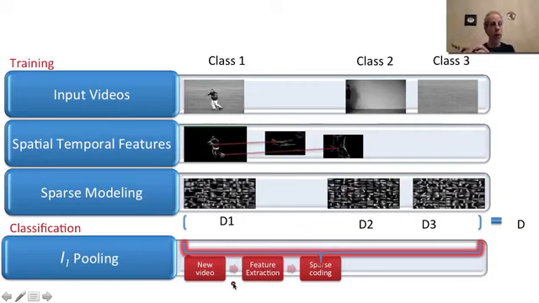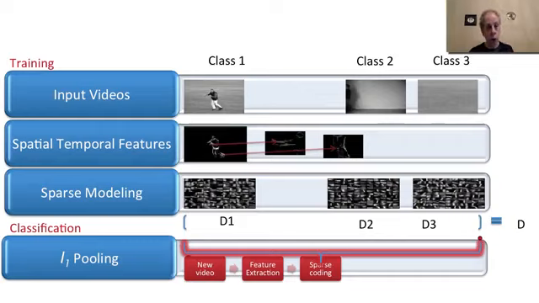Then we go again to every three-dimensional patch in space and time, and we encode every single patch that has sufficient energy, as we did in training. We encode it with this dictionary. But now we remember that every block in the dictionary represents something different.